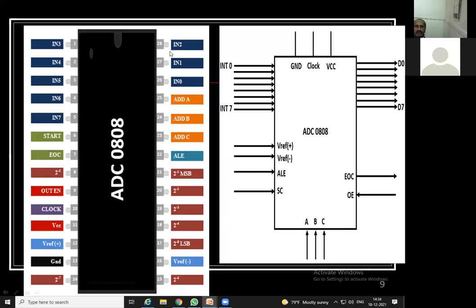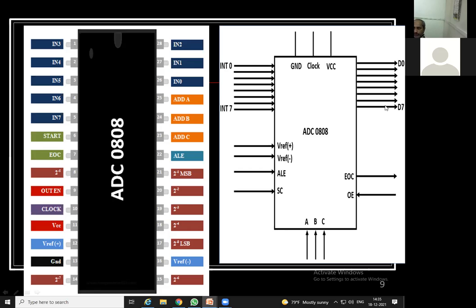On the left hand side, it shows the pinout diagram for 0808. That is a 28 pin IC. And its functional distribution is shown on the right hand side. That is 8 inputs. Sorry, 8 input channels are here.